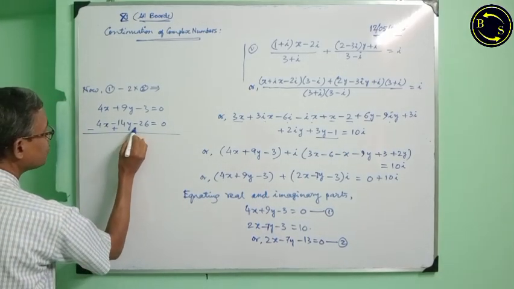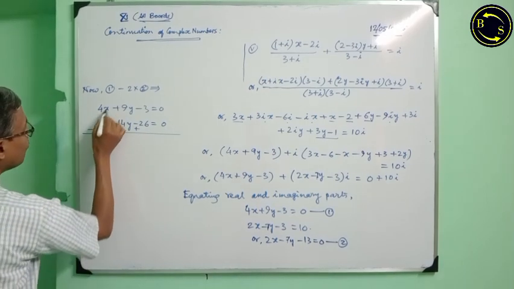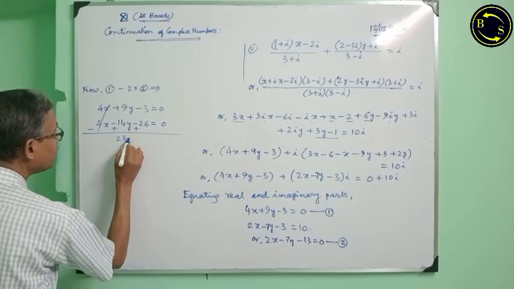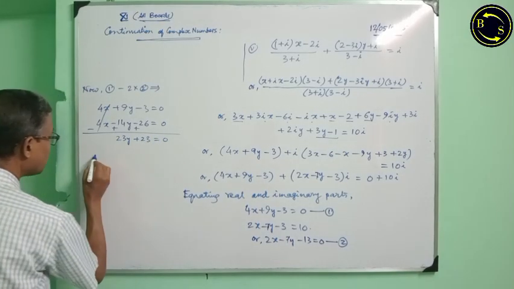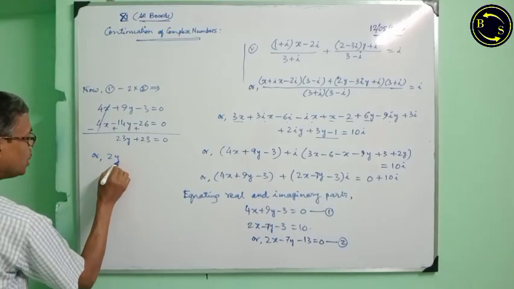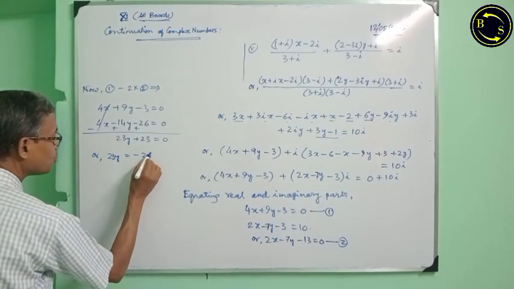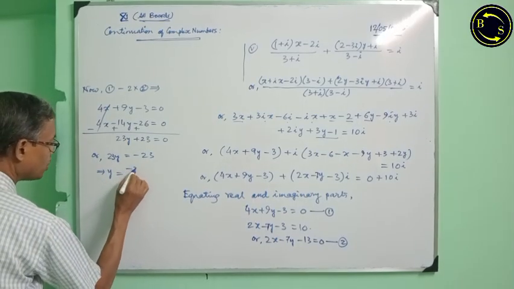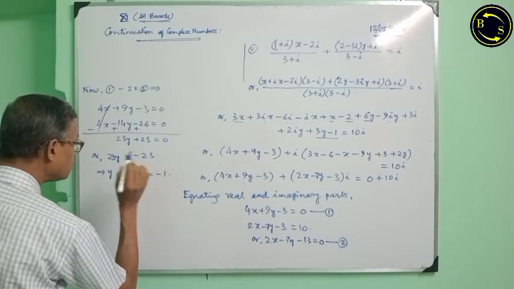Signs are to be changed. 23y plus 23 equal to 0 or 23y is equal to minus 23. From that, y equal to minus 23 by 23, that is equal to minus 1.